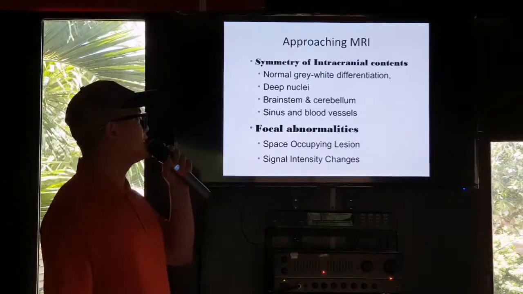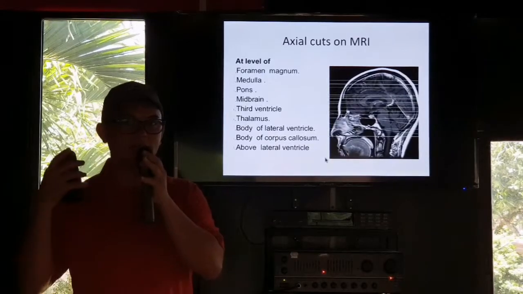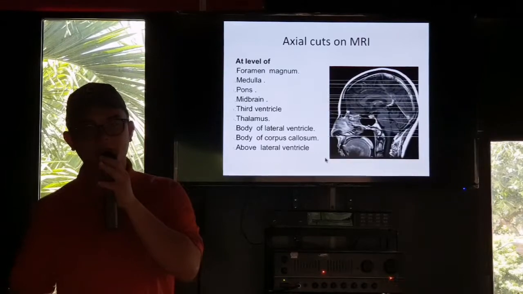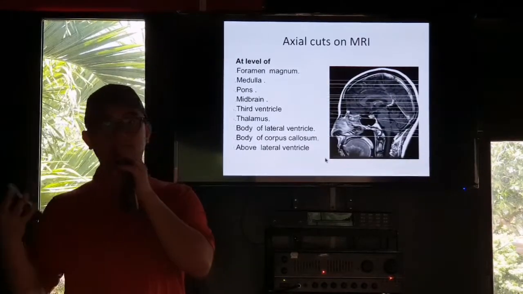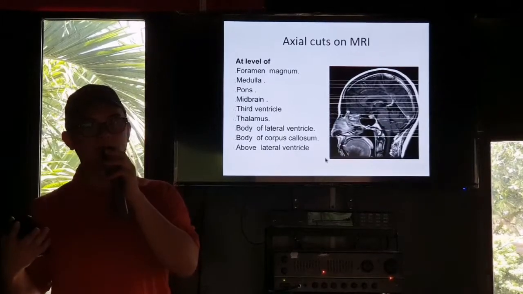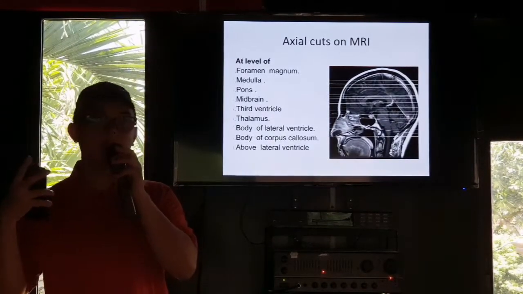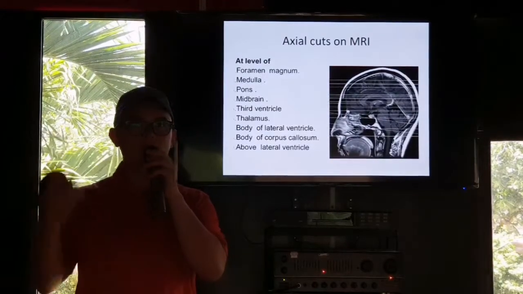And of course, the blood vessels. For the blood vessels, you can have different sequences like magnetic resonance angiography to evaluate better the circle of Willis. You can trace the anterior and posterior circulations of the brain, so you can actually look into the internal carotid artery.